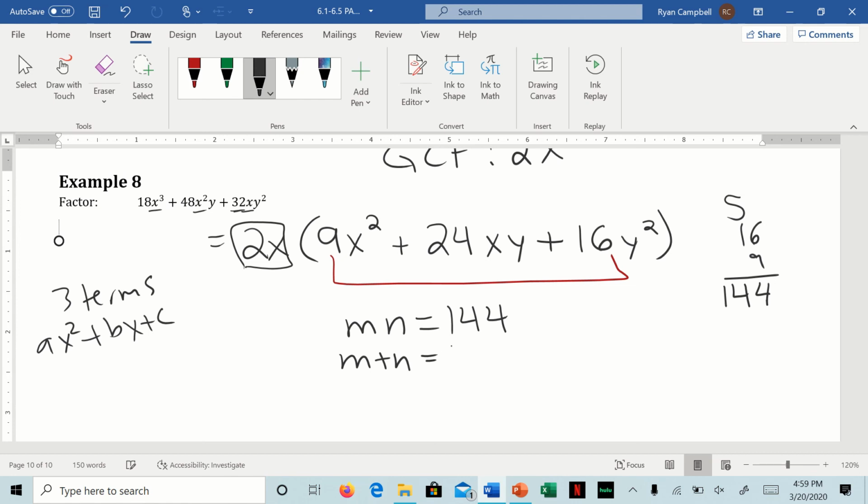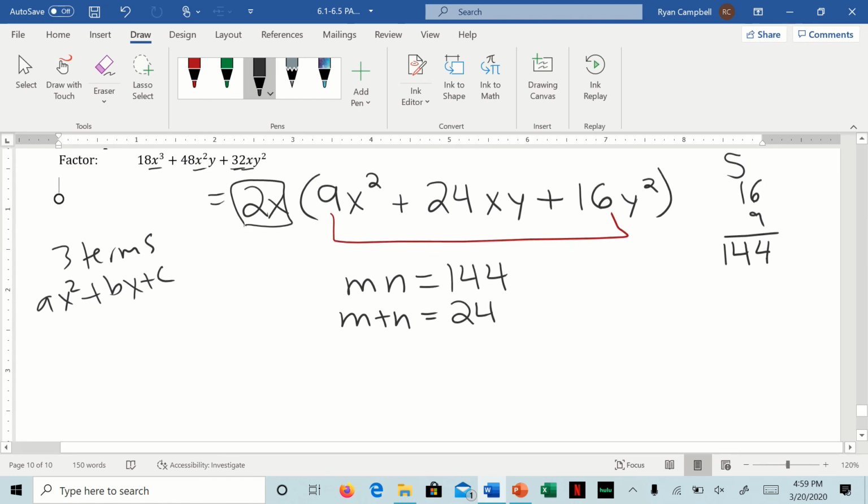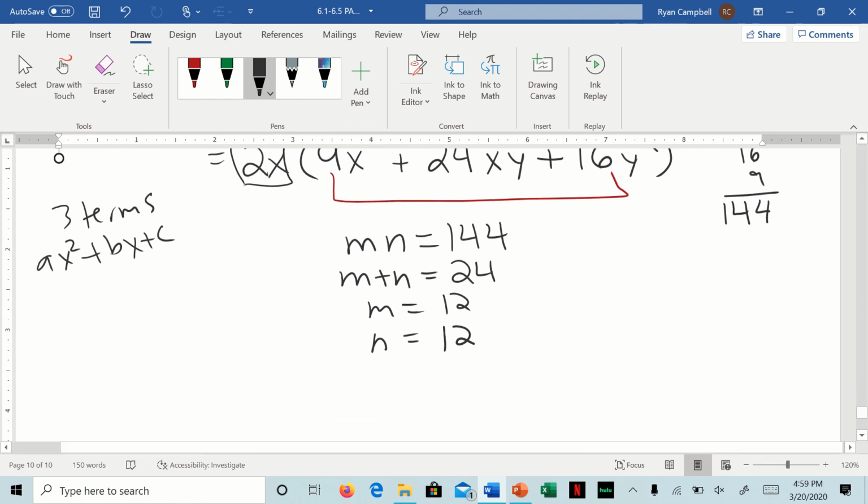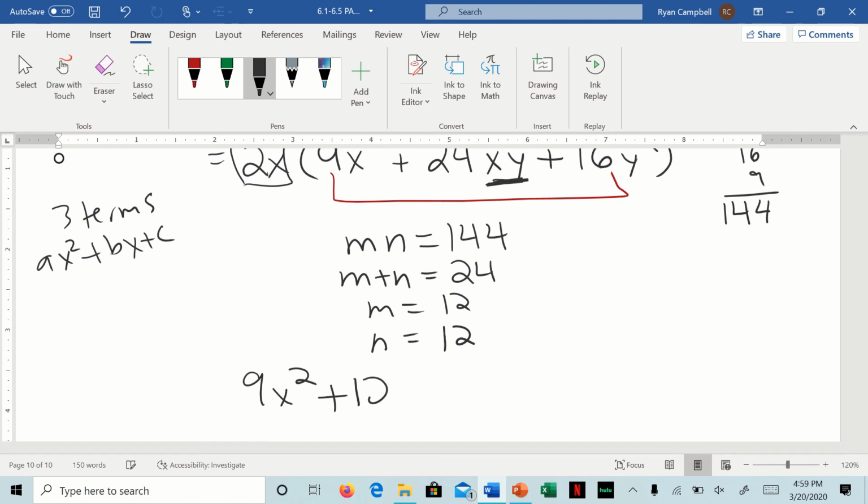And as you already know, I probably already said the answer. You see both numbers are going to be 12, right? 12 times 12 is 144, 12 plus 12 is 24. So rewriting it, including the variables, we get 9x squared plus 12xy plus 12xy plus 16y squared.